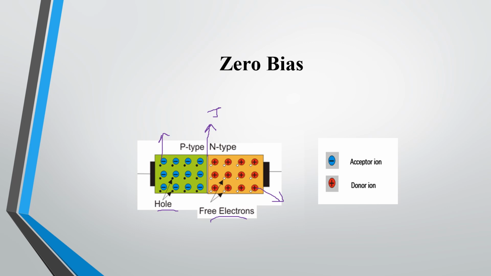First, we should know the difference between an atom and an ion. When an atom loses or gains electrons, it becomes an ion. Okay.